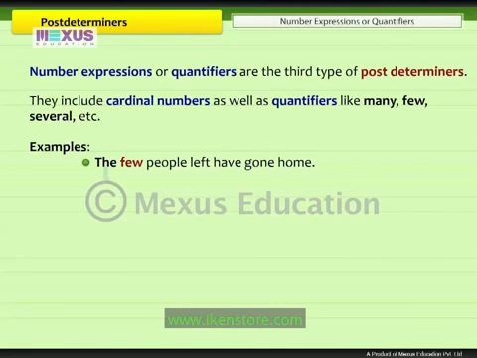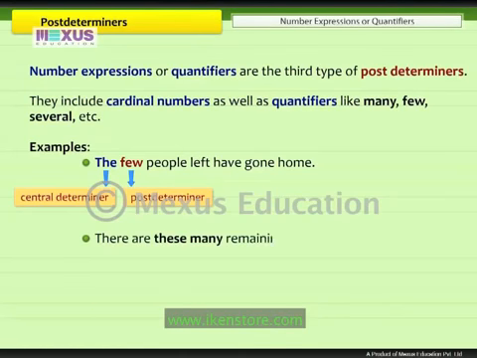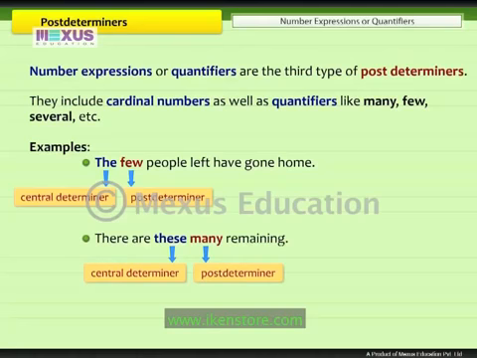It occurs after the central determiner, the, and so is a postdeterminer. Similarly, in the example, there are these many remaining. The word many does not function as a central determiner. It occurs after the central determiner, these, and so it is a postdeterminer.